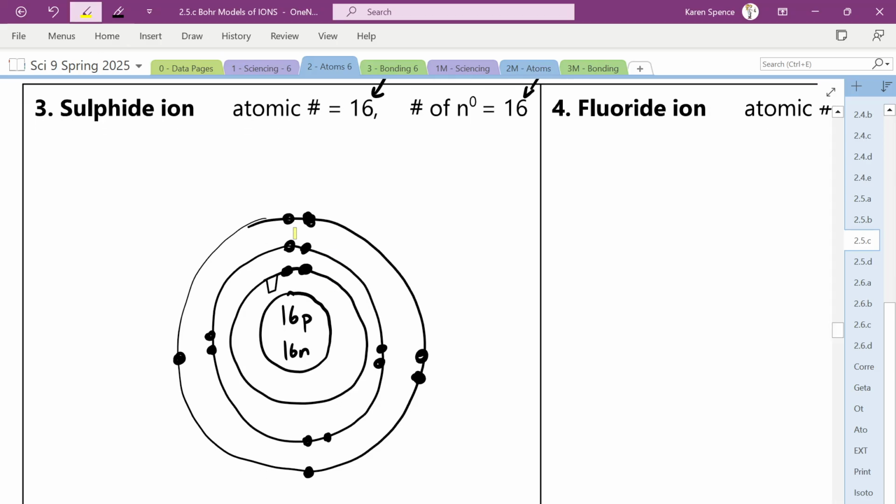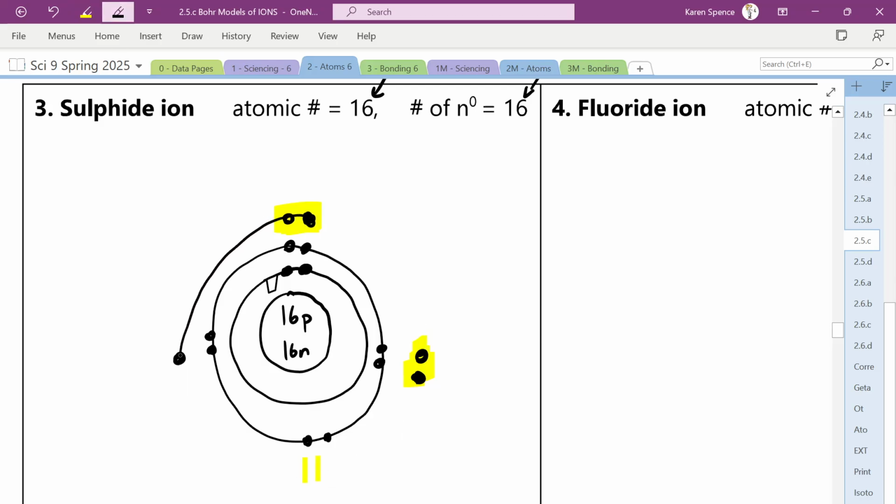Now we look at our outer shell and say, are we going to try to empty that outer shell? Whoa, what happened to my outer shell? It disappeared. Are we going to try to empty that outer shell, or are we going to try and fill it? Does that look closer to empty or closer to full?